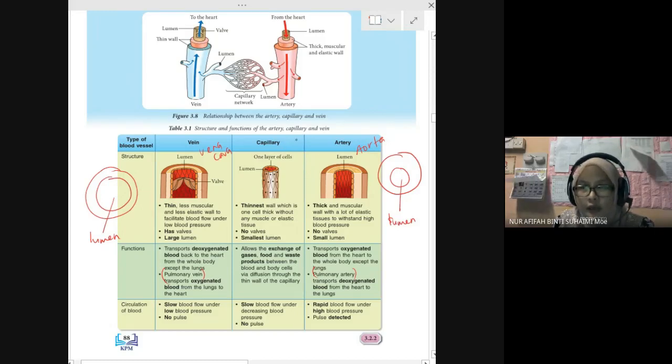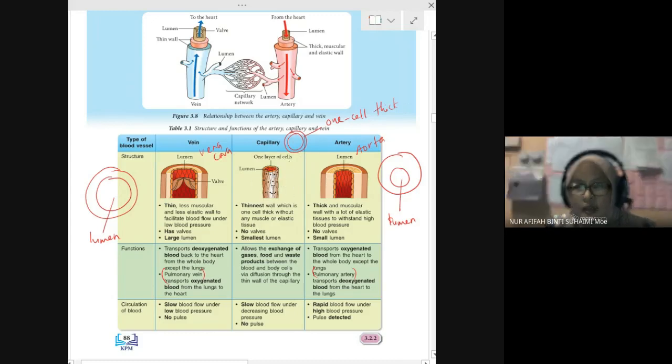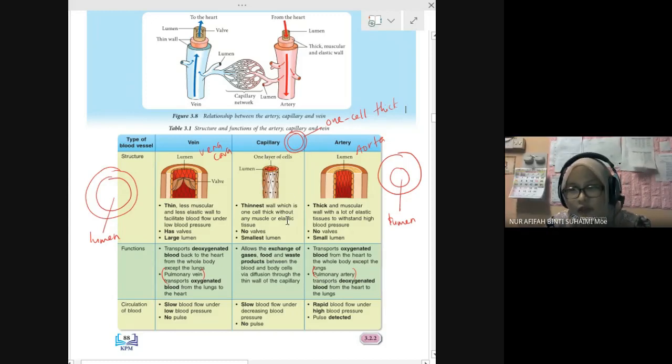Now, capillary, as you know, is formed by one cell thick only. Then it connects vein and artery to bring both oxygenated and deoxygenated blood from the alveolus to the heart, and from the heart to the alveolus or to the lungs.